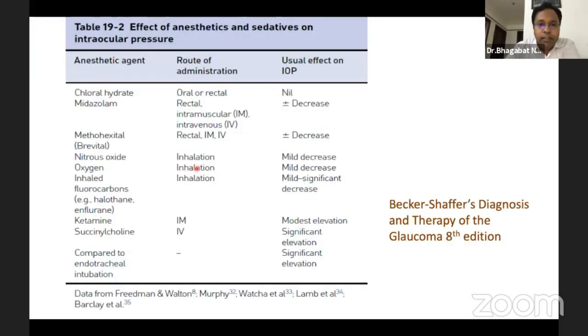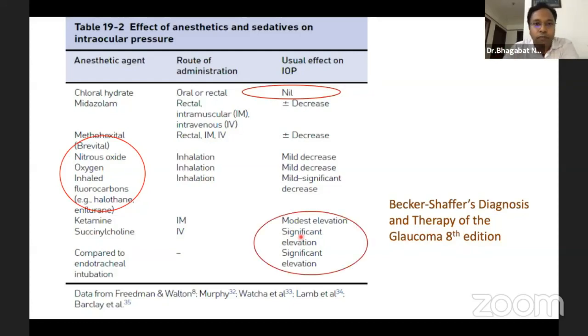And you can see here some anesthetic agents. I am just focusing on chloral hydrate, which has no effect on IOP, and these are all the gases like halothane, nitrous oxide, and fluranes, except sevoflurane, they all decrease the IOP. And ketamine and succinylcholine increase the IOP.